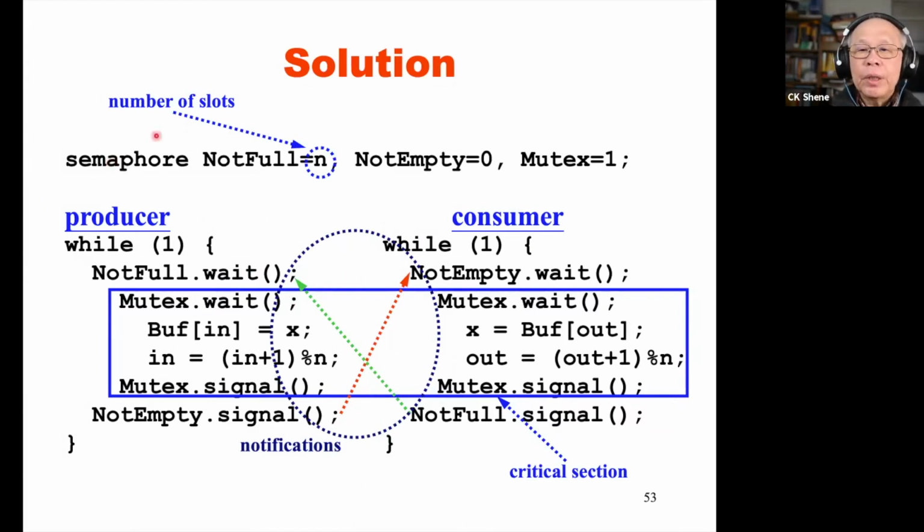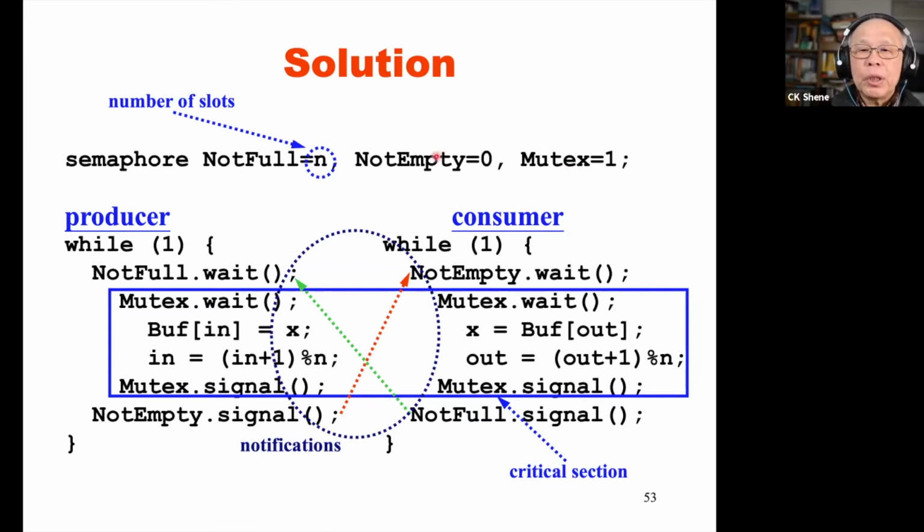We need 3 semaphores. Let's take a look at this one. Semaphore mutex has initial value 1. It means mutex is to be used to build mutual exclusion. Now, initially, we assume that the buffer is empty. Nothing is stored there.